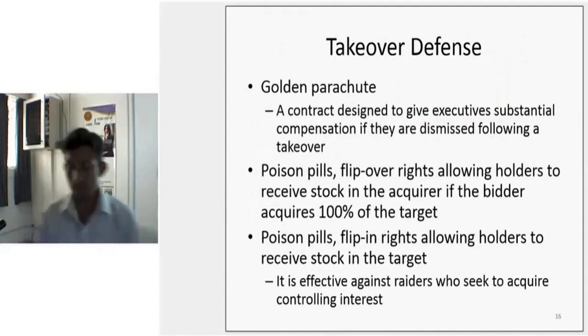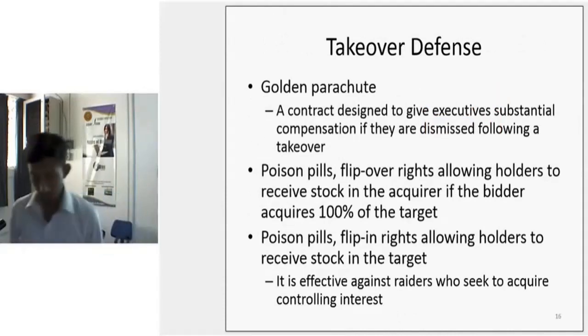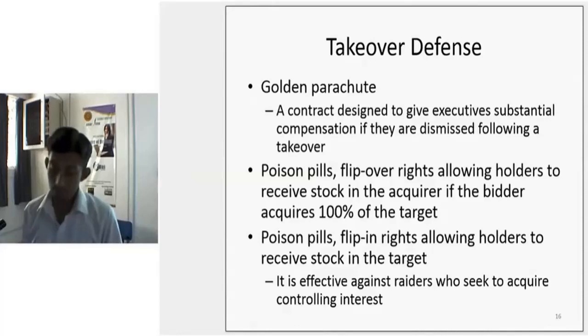Another one we call golden parachutes. Now, golden parachutes are a contract designed to give executives substantial compensation if they are dismissed following the takeover. It's like this. One of the reasons B doesn't want to be taken over by A is that the moment they take over, the management of B has to go home. The current board of directors will be sacked. So what they do is design contracts now.